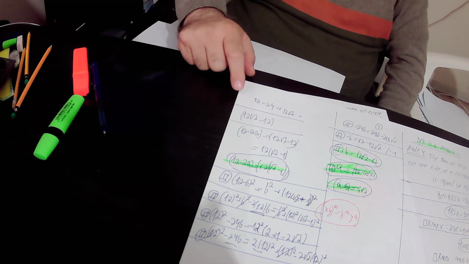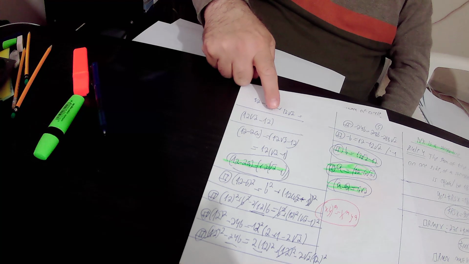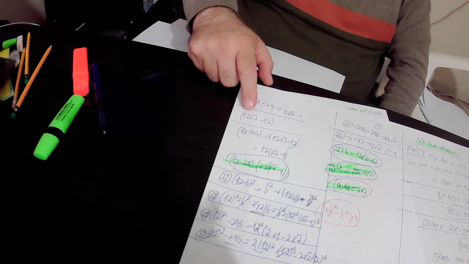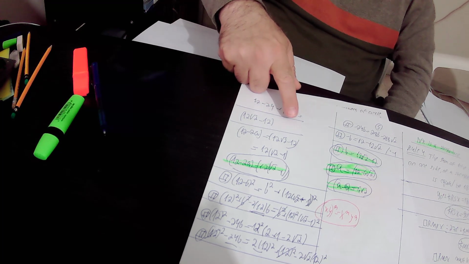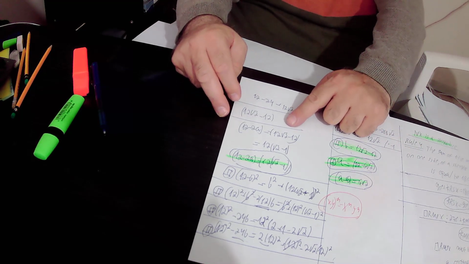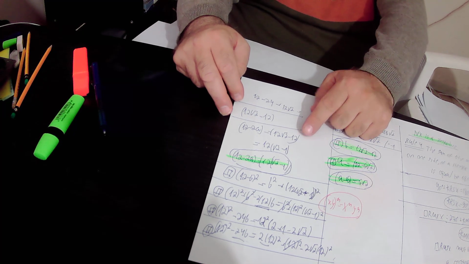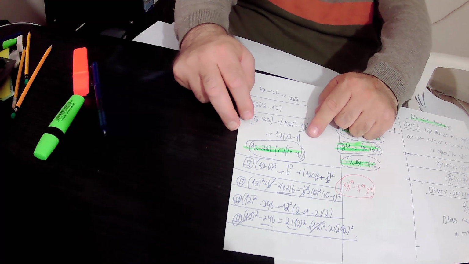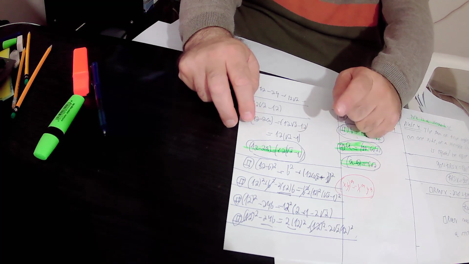So 12 minus 24 is minus 12, and then we have 12 times square root of 2. So we found that 12 minus 2A equals 12 times square root of 2 minus 12. Here we took 12 as a common factor out of these two expressions, and inside the brackets we have square root of 2 minus 1. So 12 minus 2A equals 12 times (square root of 2 minus 1).